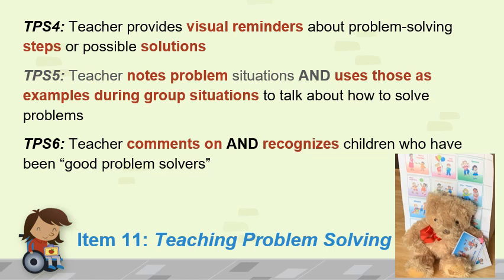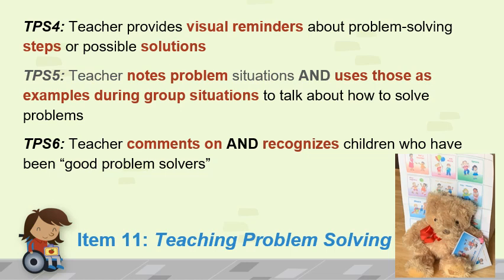TPS 6. Teacher comments on and recognizes children who have been good problem solvers. Using positive descriptive feedback aloud in the class, acknowledge the child by name as a good problem solver.